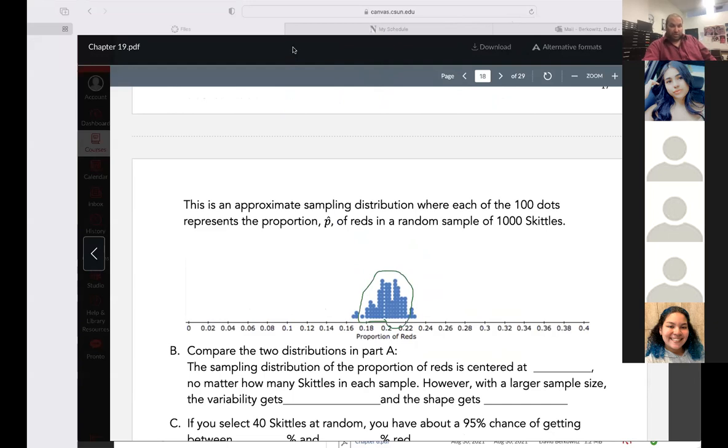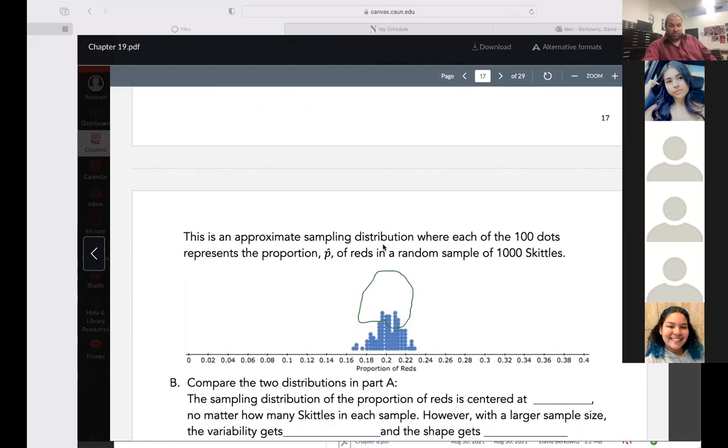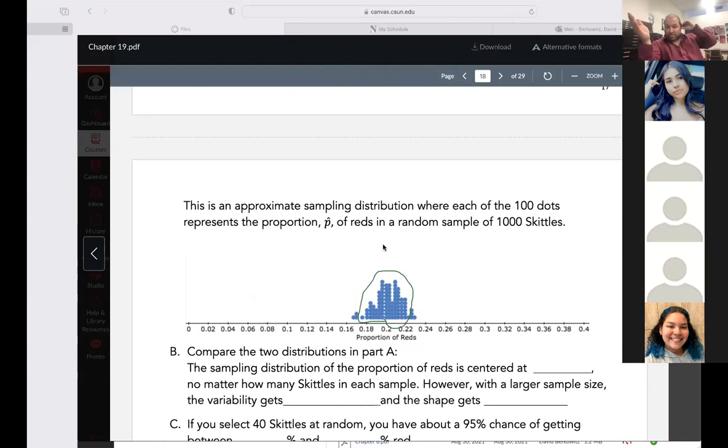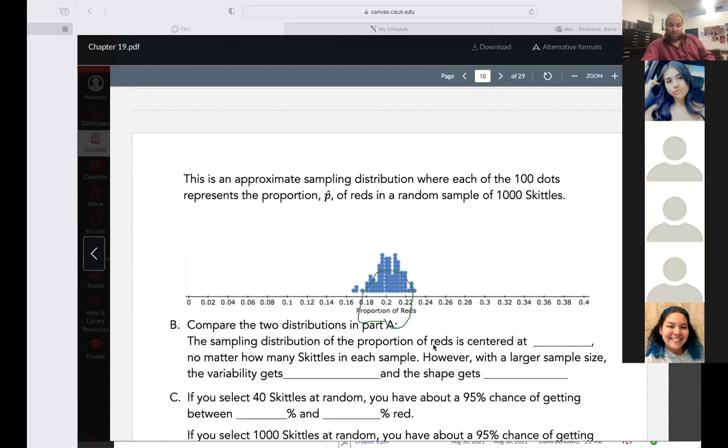Give or take. That's a lot smaller of a spread to get 95% in the case of 1,000 at a time than it is to get 40 at a time, correct? Yeah. So the sampling distribution of reds is centered at 0.20, no matter how many Skittles are in each sample. Either way, it's going to be centered at 0.2.